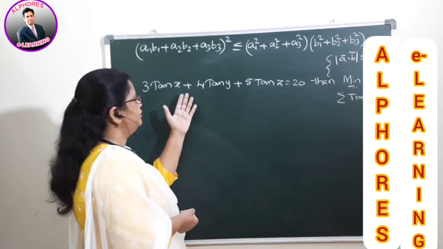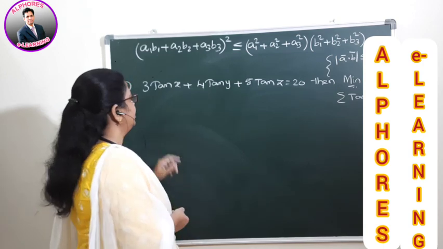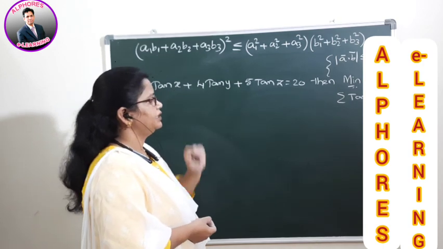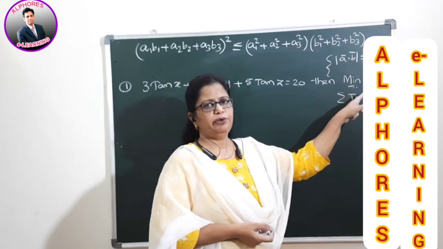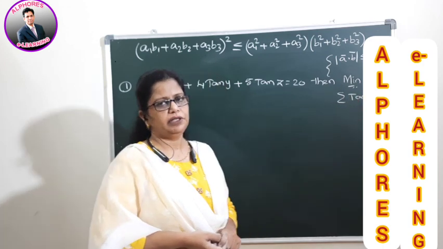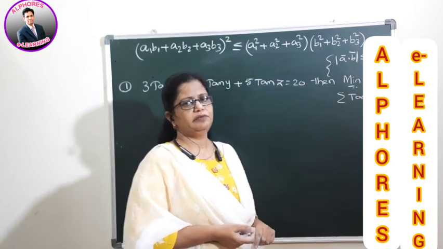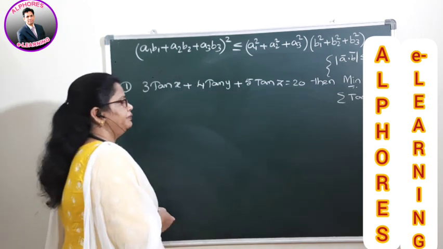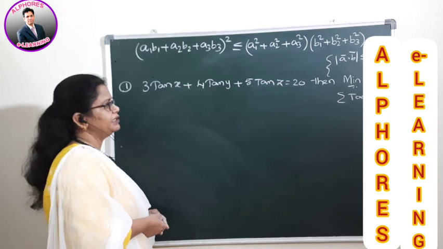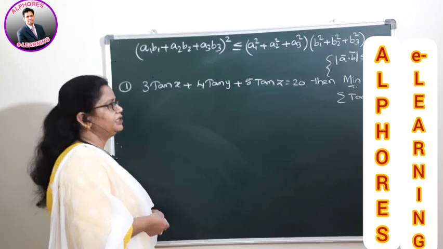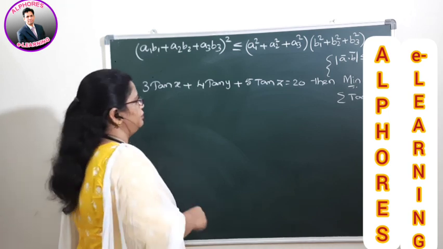Now, if a problem is asked in this way, that means they gave here 3 tan x plus etc. equal to some value, then they are asking about the minimum value of sigma tan square x, which implies tan square x plus tan square y plus tan square z. If they ask in that way, then you just identify what quantities we are going to separate.